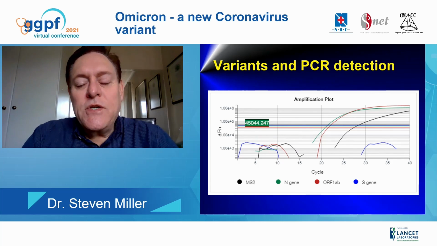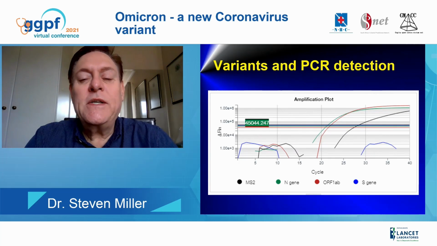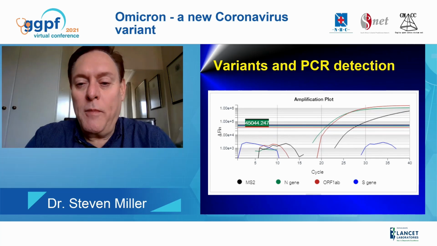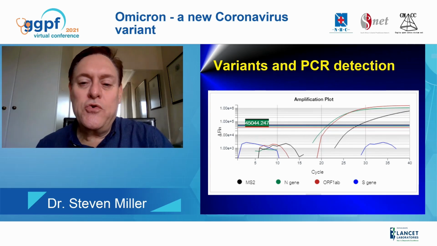And we started to notice amongst the samples that were referred to us about 2 weeks ago that this pattern was becoming more and more common, which we describe as S gene dropout.